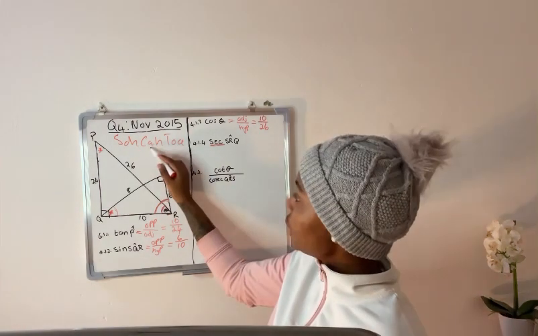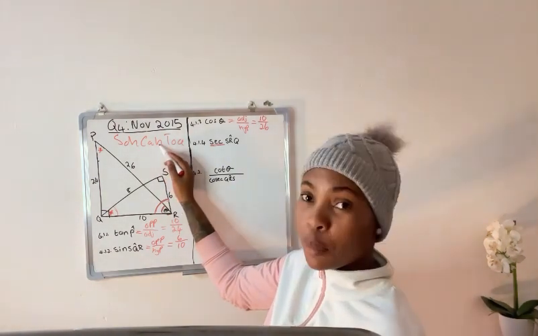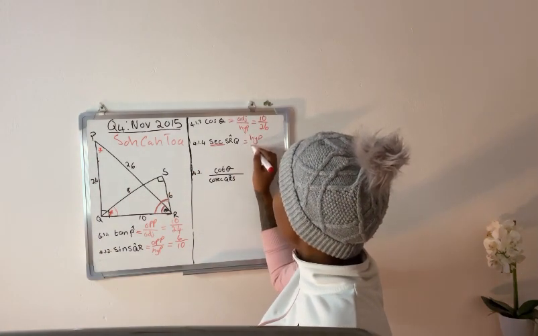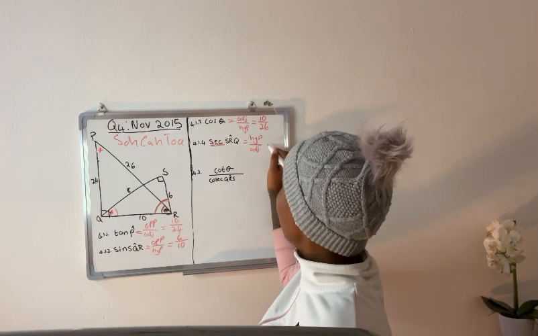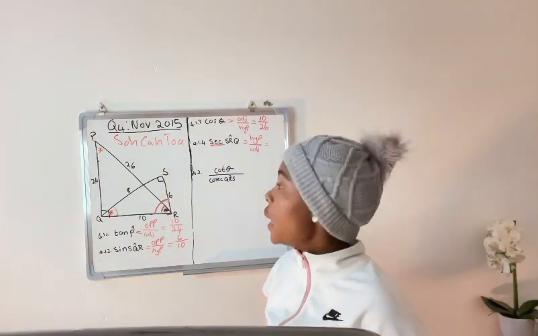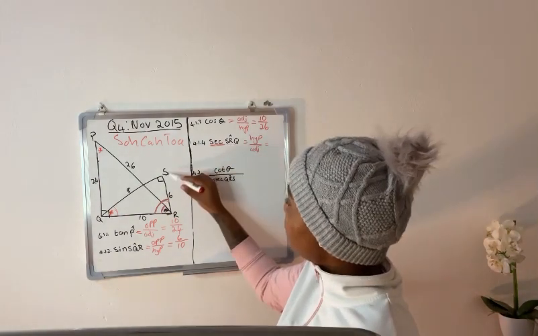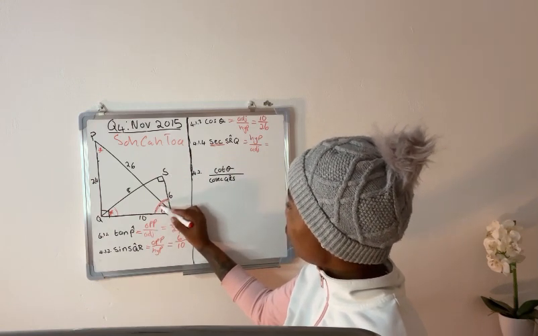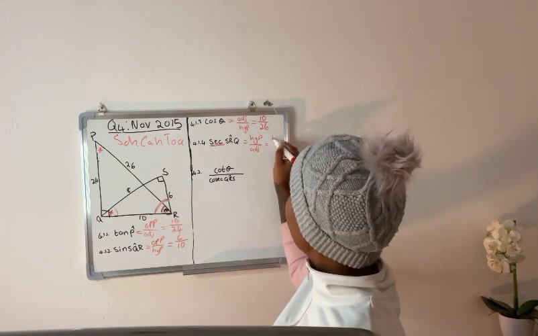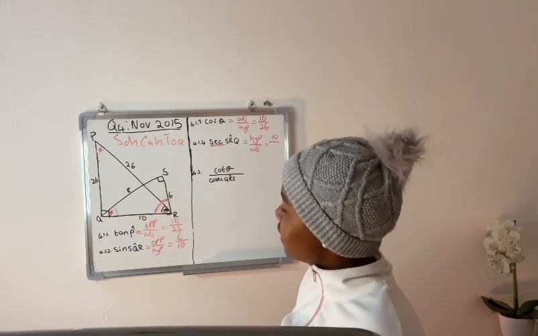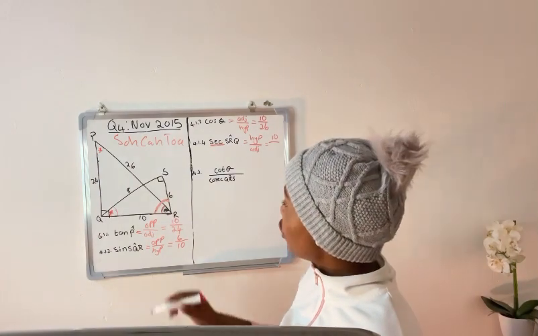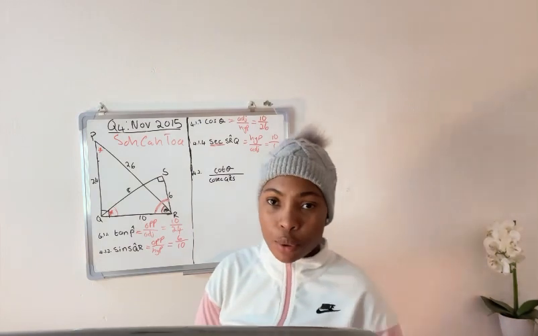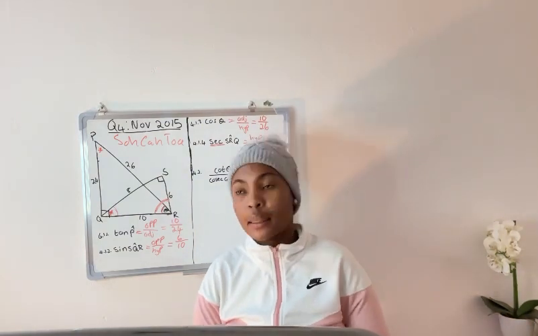Since we know that cos is adjacent over hypotenuse, sec is equal to hypotenuse over adjacent, because it is the inverse of cos. Now let's go to our angle SRQ. The hypotenuse, which is the longest side, is 10, divided by the adjacent side of angle SRQ, which is 6. So sec SRQ is equal to 10 over 6.